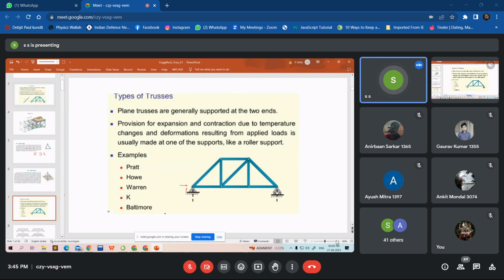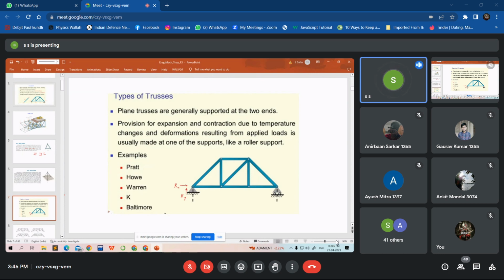It can only resist forces. So this is the reaction force Ry, and Rx is the force in the horizontal direction. That means this pin will not allow the truss to move in the X and Y directions, but it cannot prevent rotation because it's a pin. There is no moment restraint here.